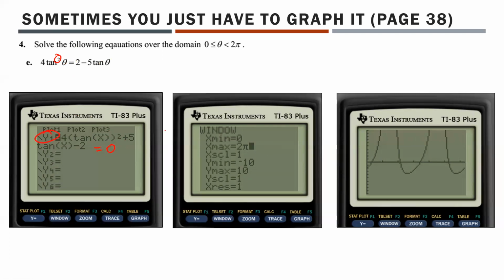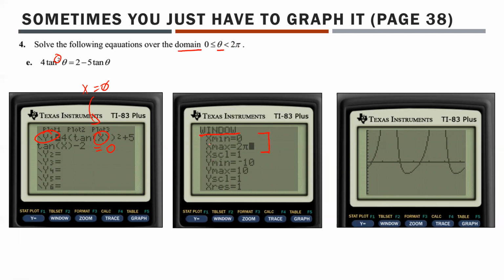Now, before I did this, I also decided to change my window, and that's super important. Notice that theta is what you're plugging into this question, right? It has to be x again in your calculator. X is theta in this case, just because there's not a theta button, but hopefully you get the idea. Since this is your domain, set your window to match that domain.